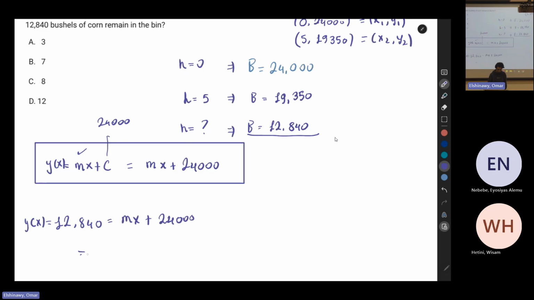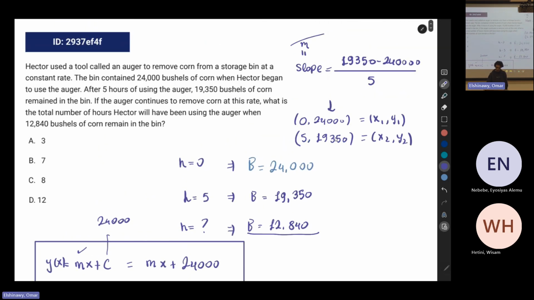So in that case, you would get 12,840 minus 24,000 divided by m to be your x, where m is the value that's here.